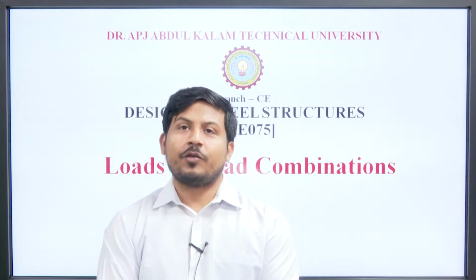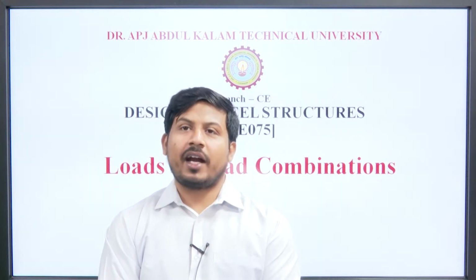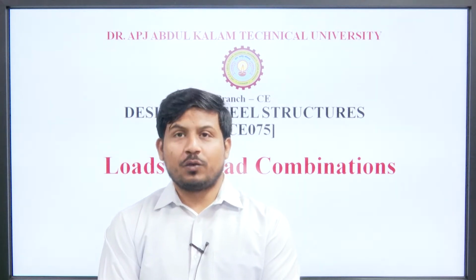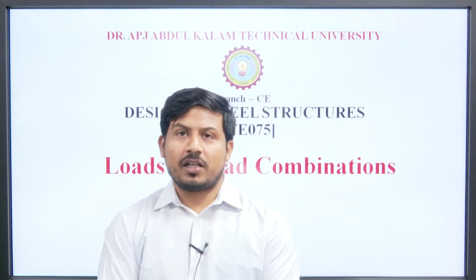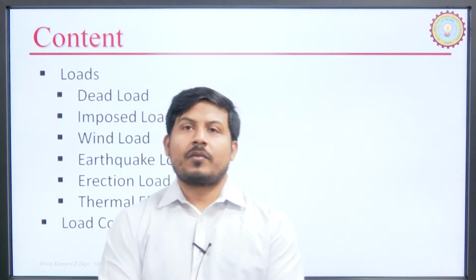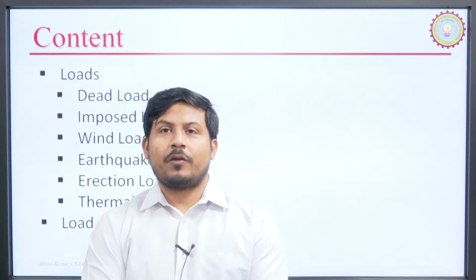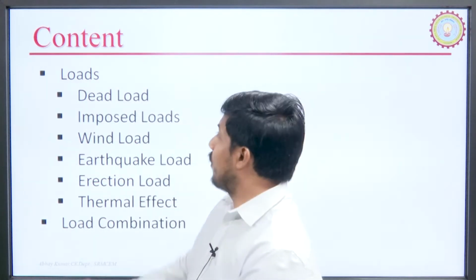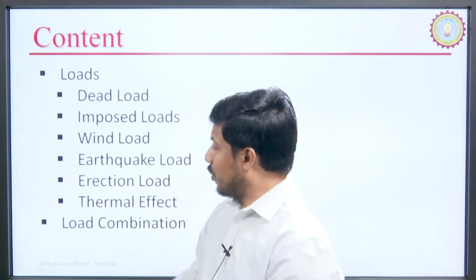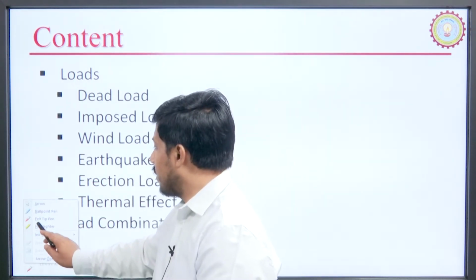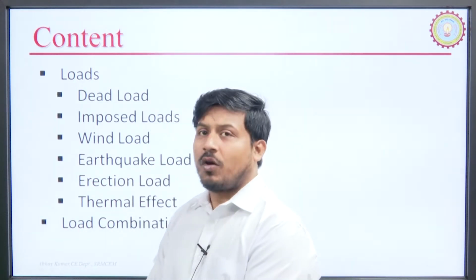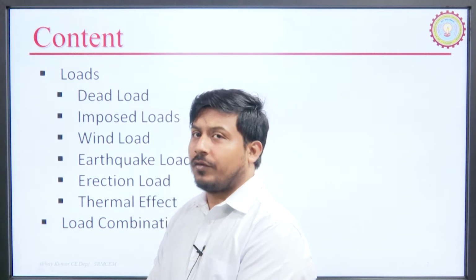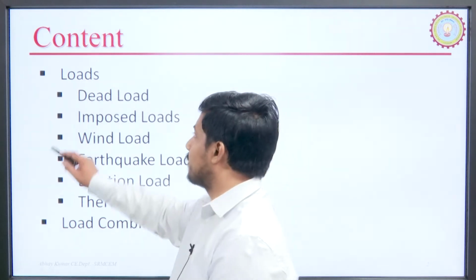In this lecture, we will talk about the various loads and their combinations which we use for the design of any steel structure. Now, in this lecture, we will cover our discussion into the following points. First, we will discuss the various loads which we consider for the designing of any steel structure.